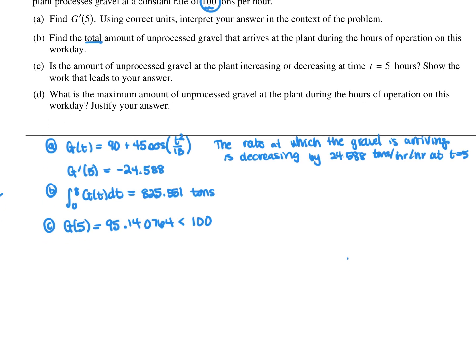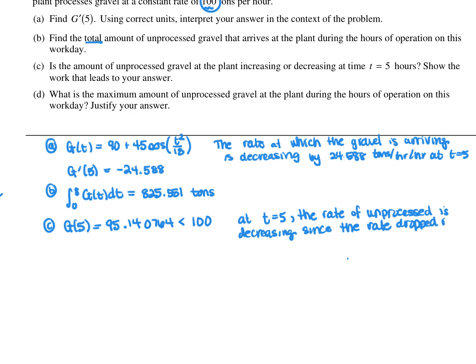So at time equals 5, the amount of unprocessed gravel is decreasing, since the rate dropped off is less than the rate processed.